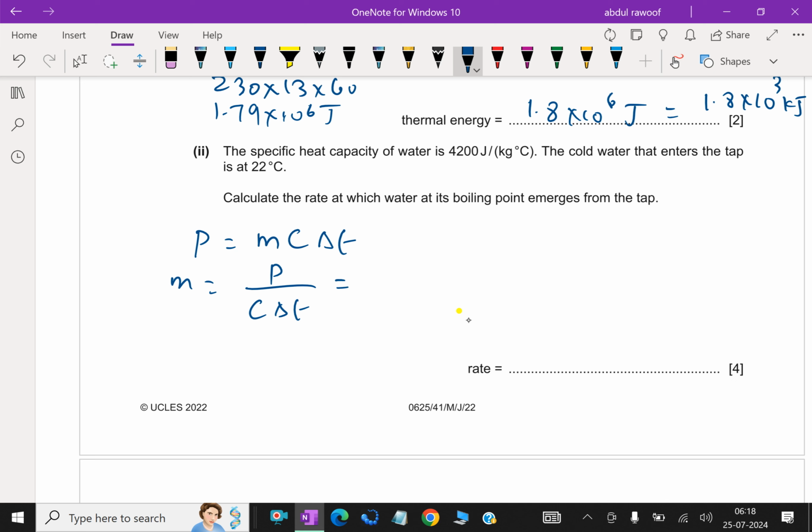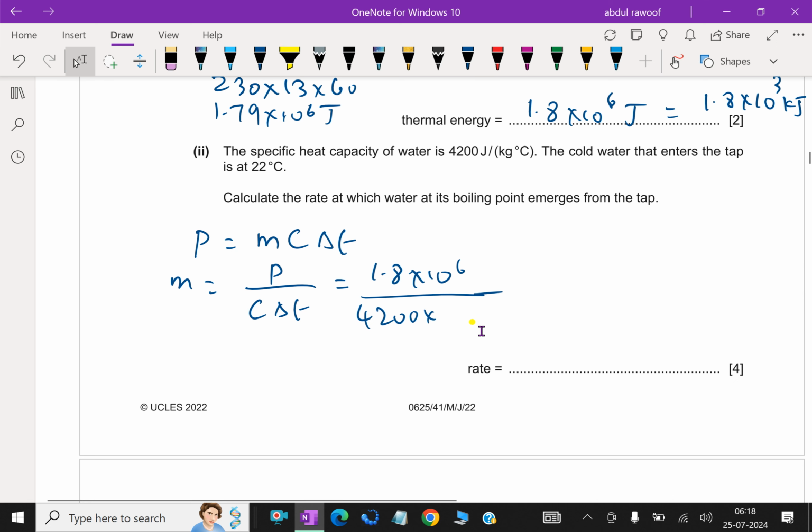This energy is 1.8 into 10 power 6, over c which is 4200.